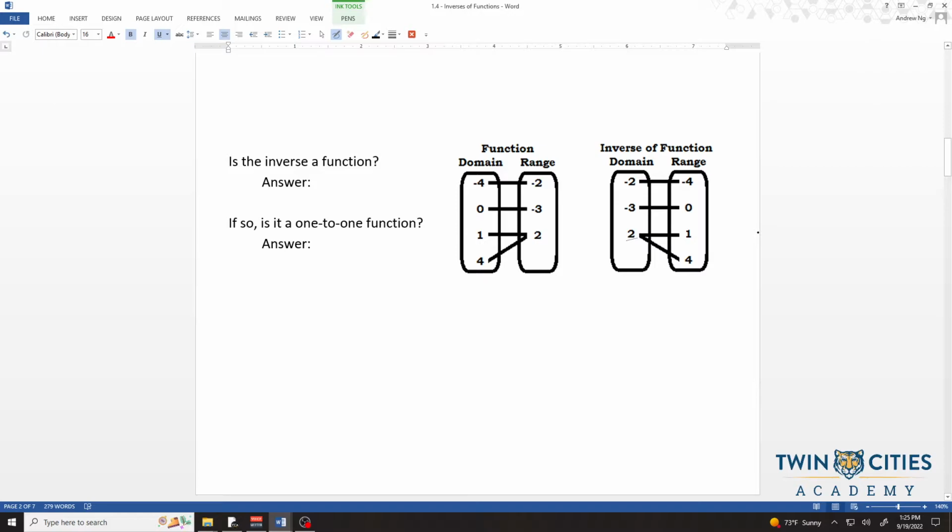So because of this, this is not a function. A function can only be something where I plug in some value for x, and I get back one answer. Here, if I plug in 2, I get 1 and I get 4. So this is not a function. And being that it's not a function, it's not a one-to-one function.